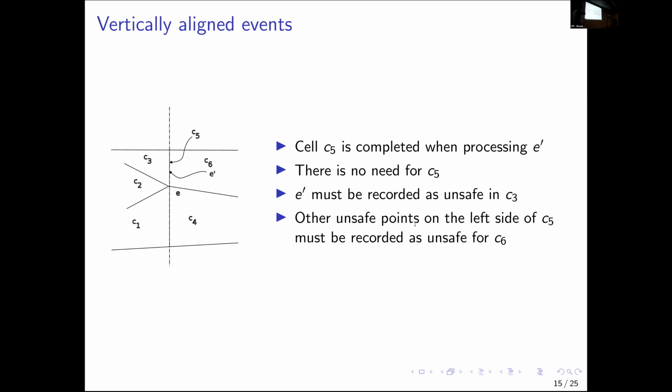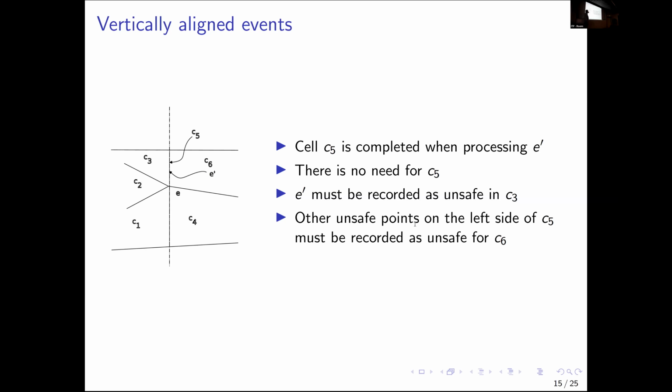Now if we look at the case where the two events E and E prime are aligned, then I would be creating a cell C5 which would be flat, and that's not acceptable. So instead of doing that, we update the cell C3 to say, oh, the new event E prime has to be recorded among its unsafe points on the right.